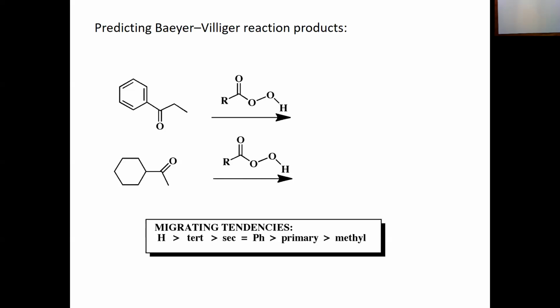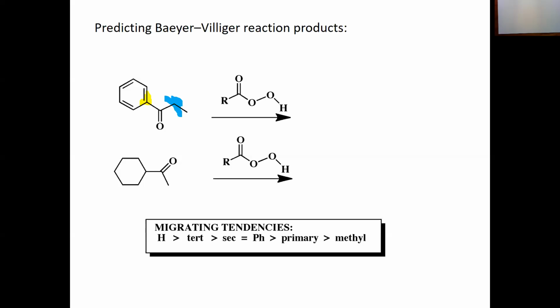So if we try and oxidize these ketones, we need to say what kind of carbon is on this side of my ketone. That yellow highlighted carbon is my Ph, it's my phenyl carbon. The blue highlighted carbon on the other side is a primary.